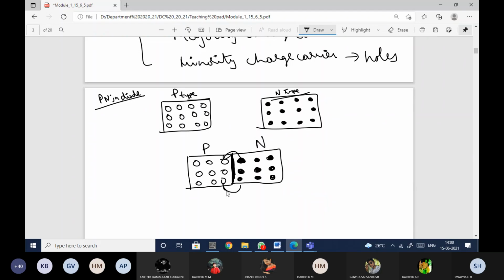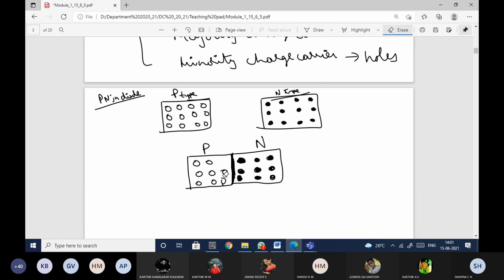Electrons are moving from here to here, which means a hole will be formed here. In the same way, when an electron is moving from this side to this side, there will be a hole formed, or I can say that holes are moved from this side to this side. Either way is fine. So the electrons which are present at the junction are getting diffused from the n side to the p side.